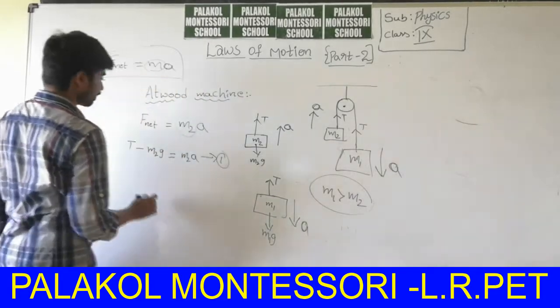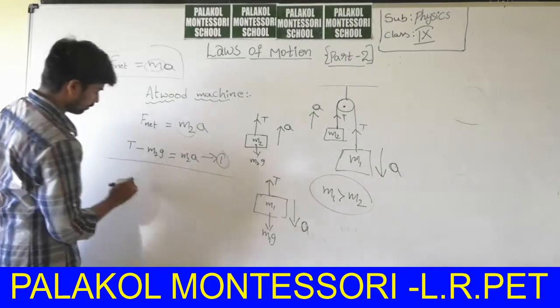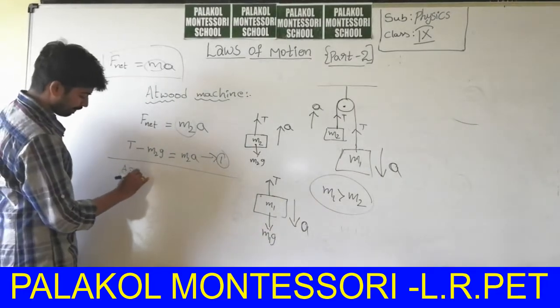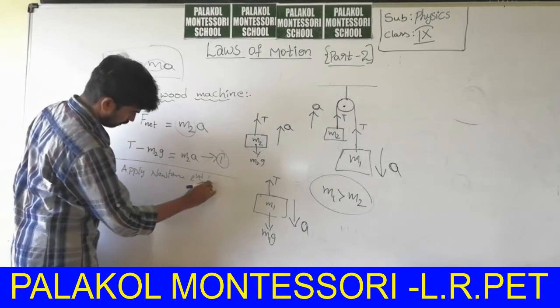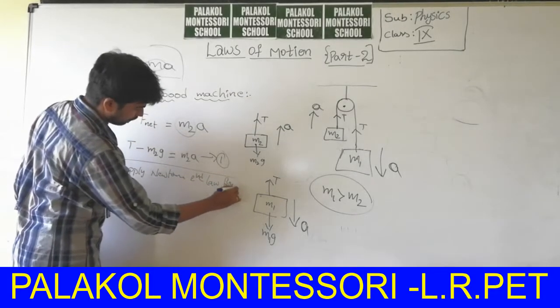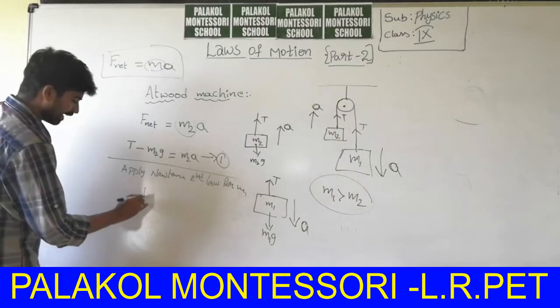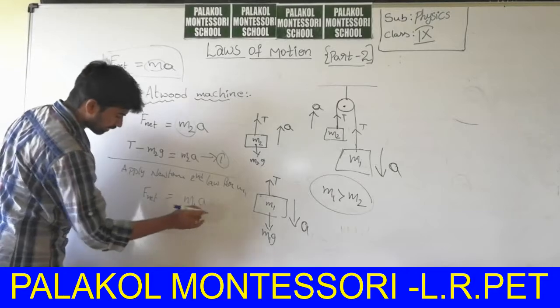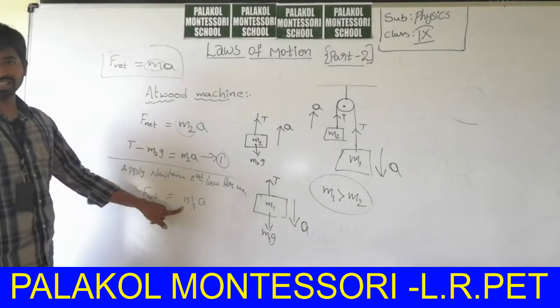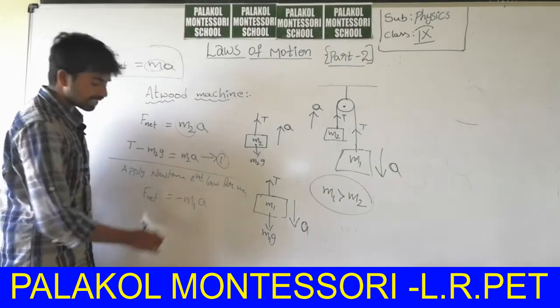Now apply Newton's second law for m1. F net is equal to m1a, but minus m1a. Why?